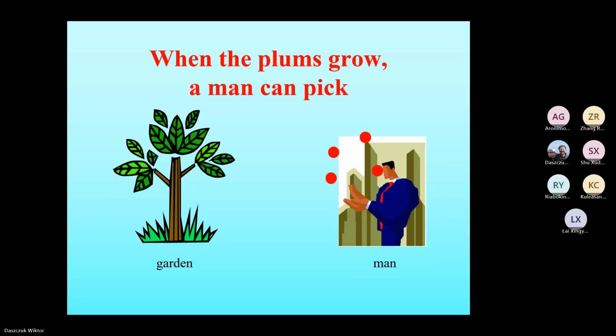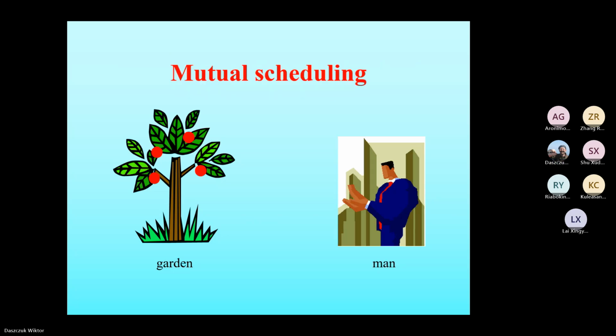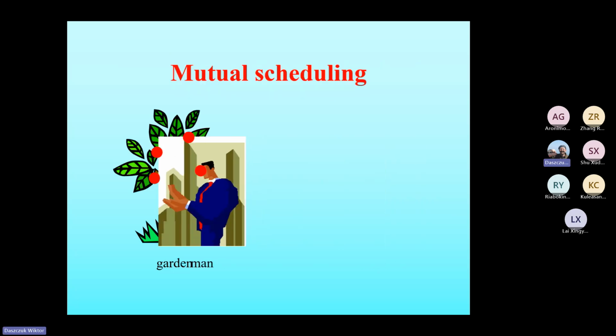But not 200. To get a single plum over the limit, that is the number of plums that grew, he must wait a year. Or he can go elsewhere, to the shop. When the plums grew up, again he can go and pick them.